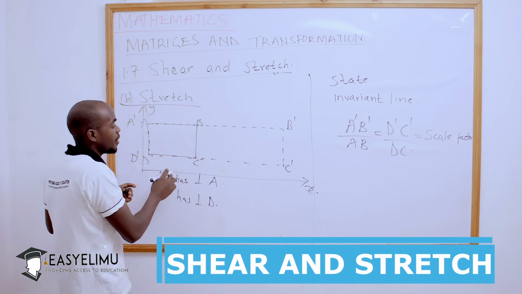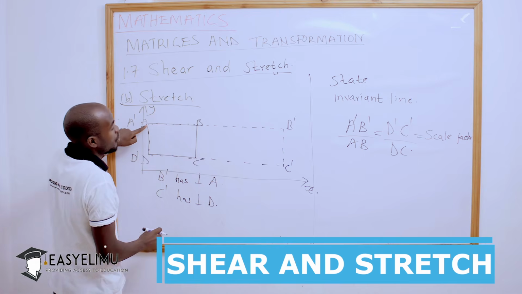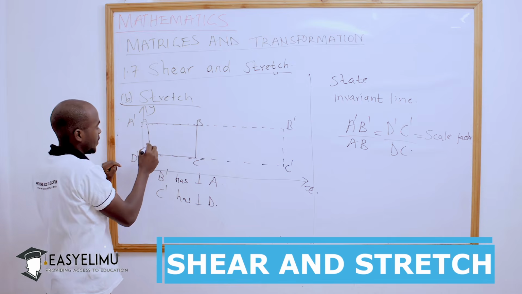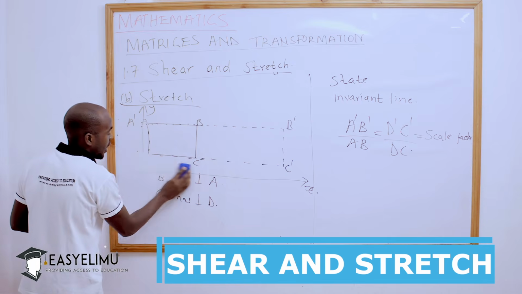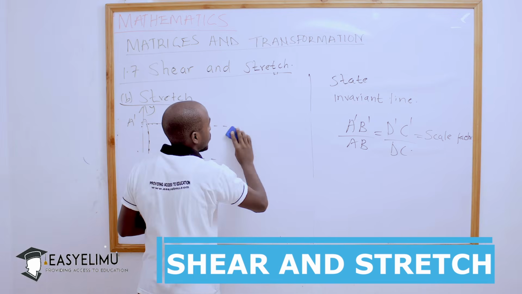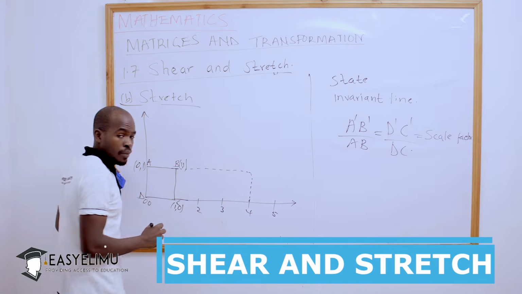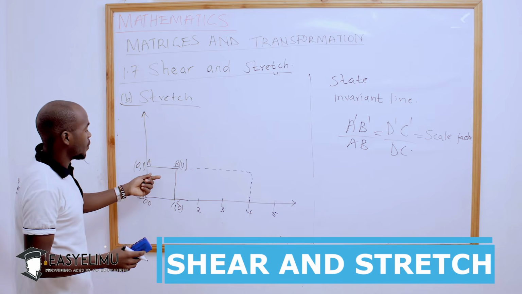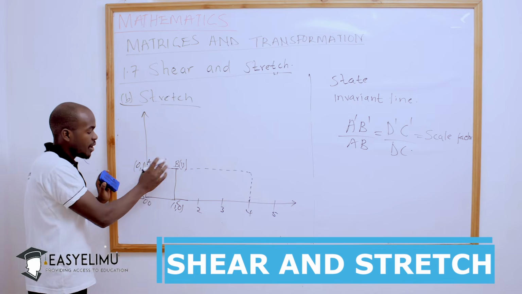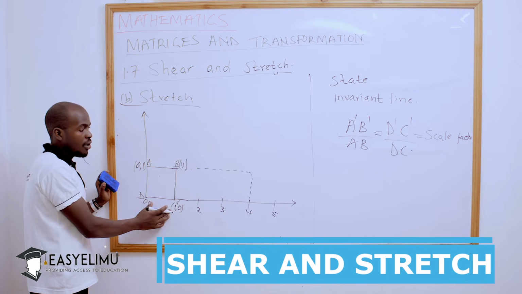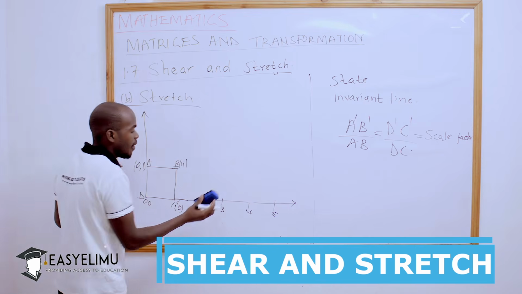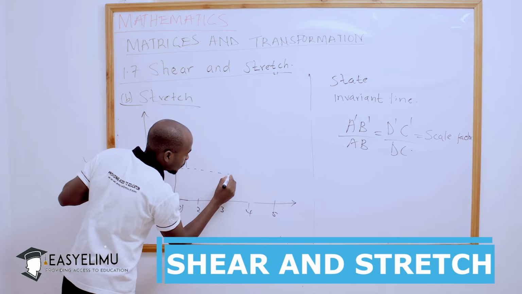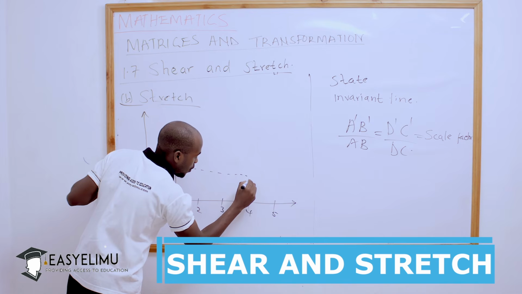For example, let's say I have a unit square here with the points A, B, C, D as given below. After undergoing a given stretch matrix, you will find that it moves up to, for example, 4.